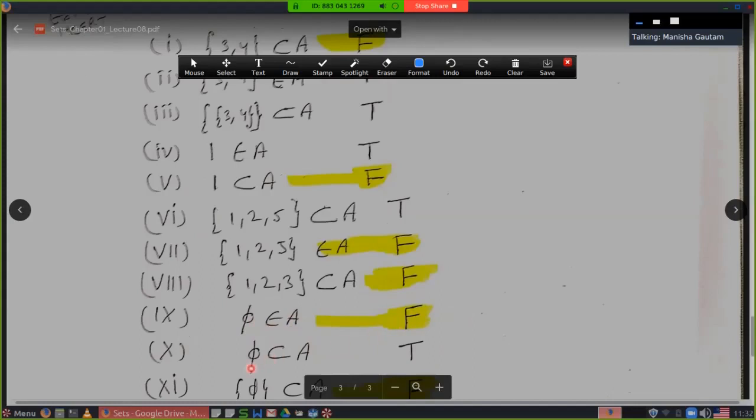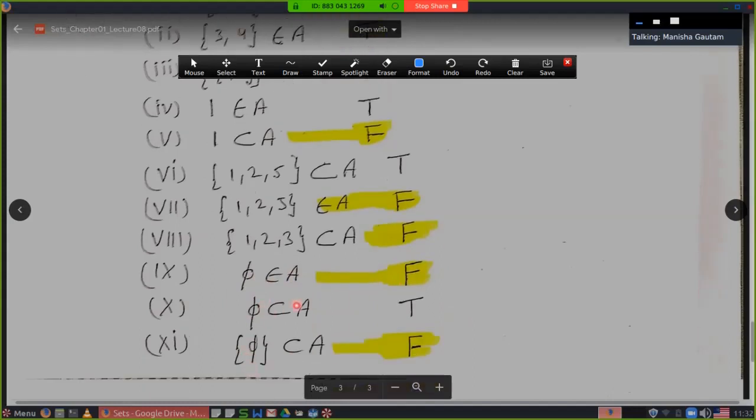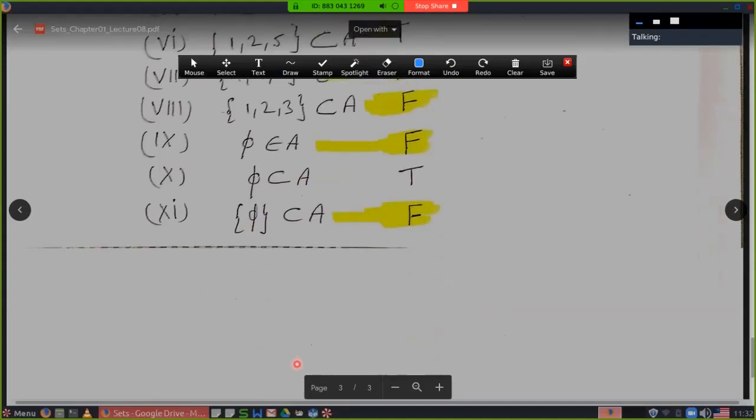You can see that the empty set is a subset of A because the empty set is a subset of every set. That's why it is true. Now here it is written {5} in a curly bracket, whether it is a subset of A. If 5 is not an element of this set, then how can we say that it is a subset of A? So it is false.